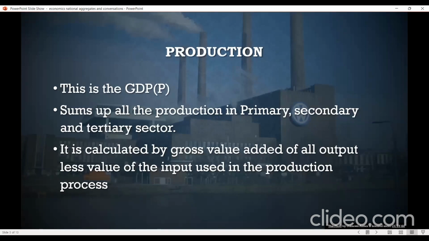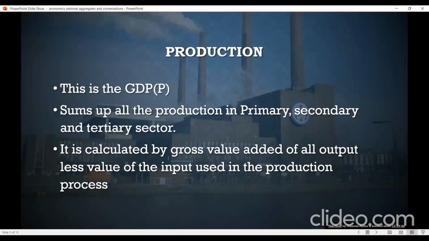Right, production. This is GDP, which is gross domestic product. P stands for production, right? It sums up all the production in the primary, secondary, and the tertiary sector, right? This is the production method. Now, how do we calculate this?